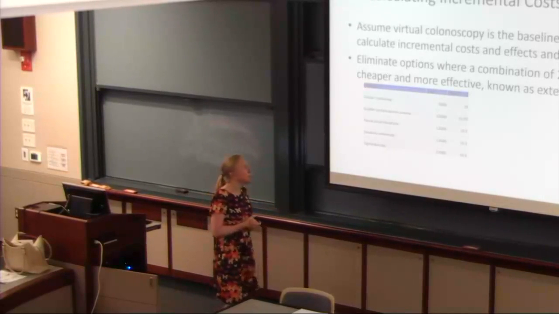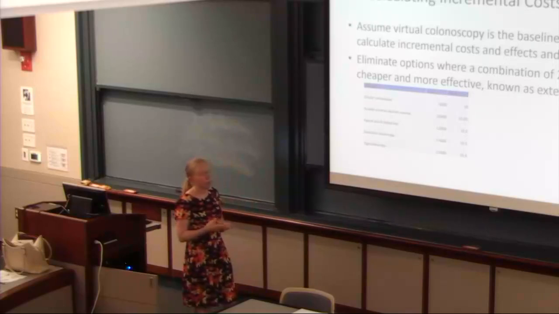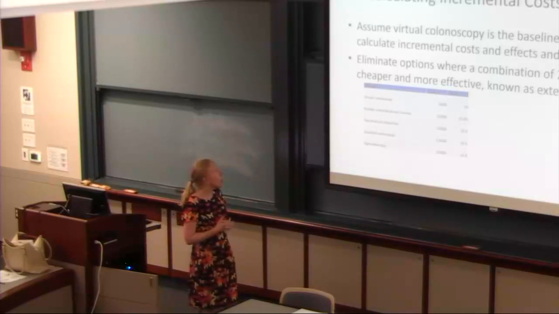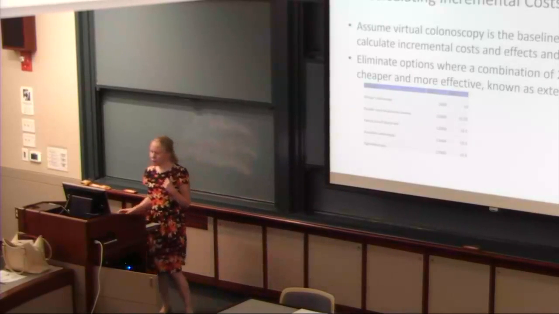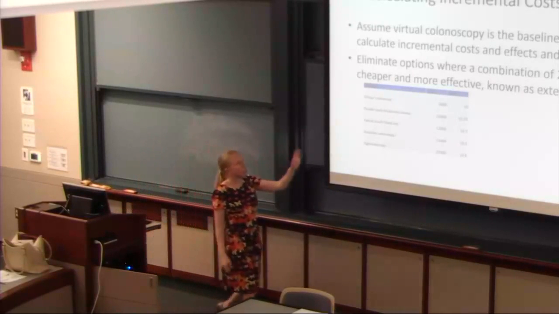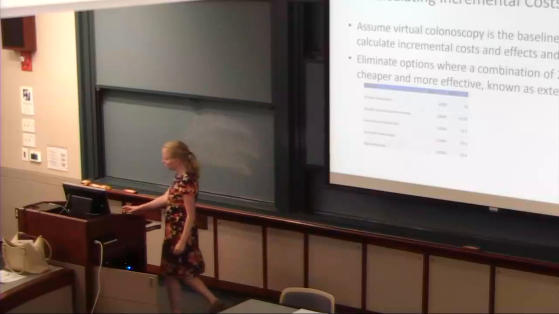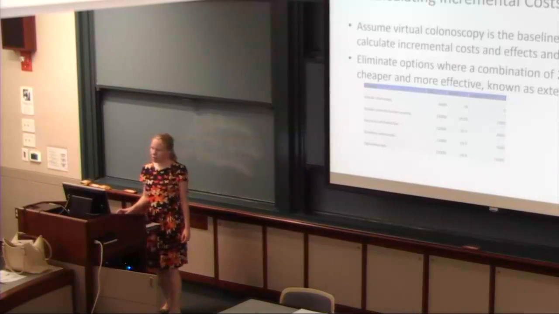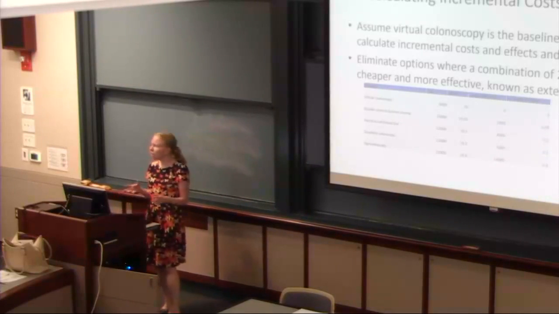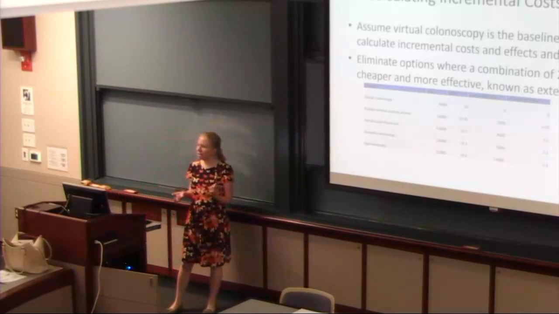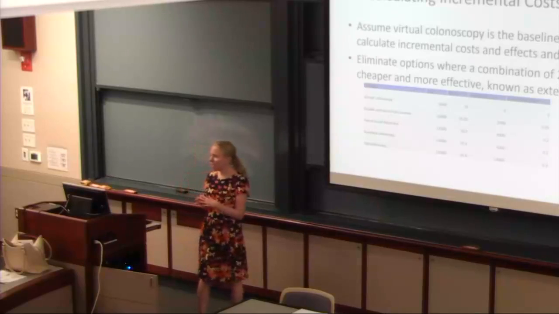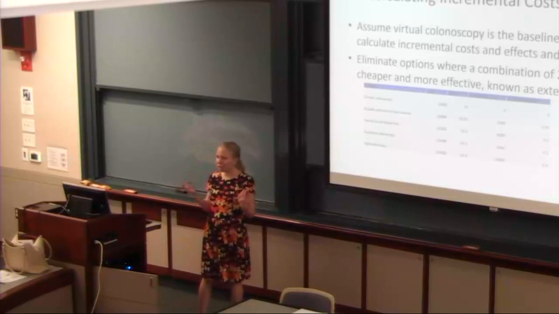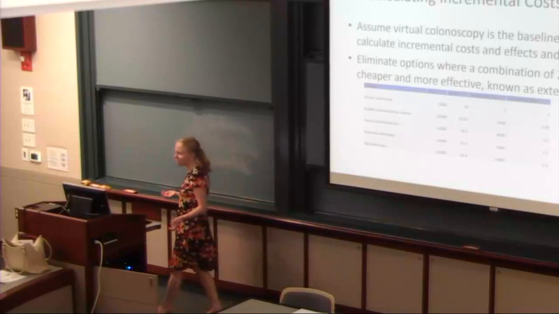They need to eliminate options which are extended dominated or dominated. Again, they're given these numbers, and then they need to fill out the incremental cost and the incremental effect. It's using very basic math that we describe how to do, and no one so far has seemed to have a problem with that level of math.